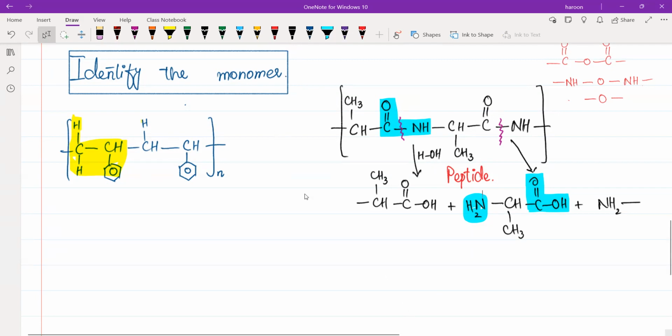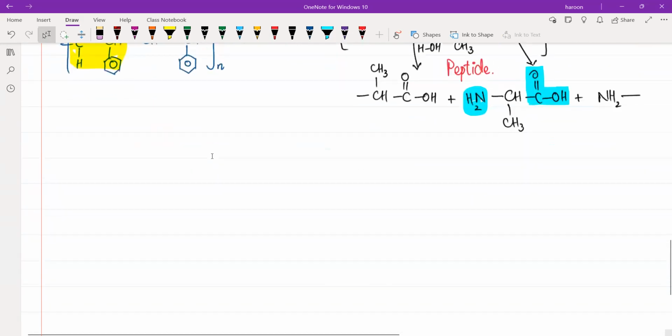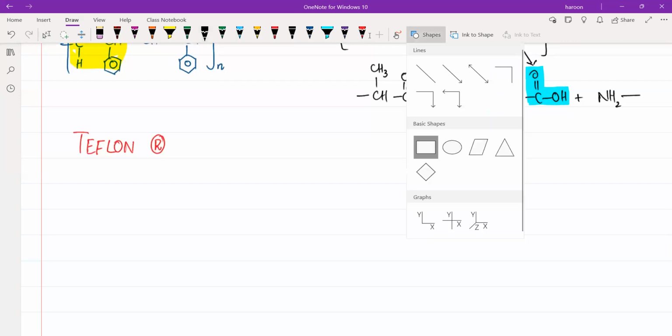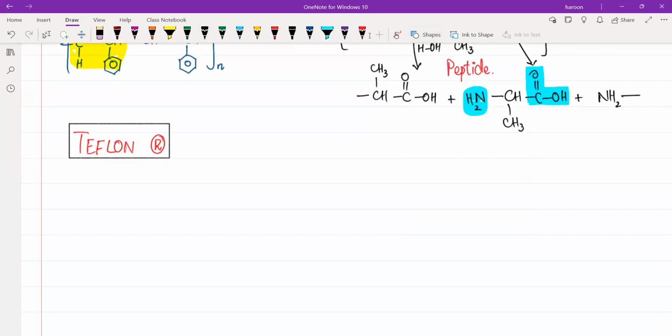Now we'll discuss something about Teflon. It is actually a very useful plastic. It is registered, a trademark as well. So Teflon is formed by polymerizing CF2 double bond CF2.